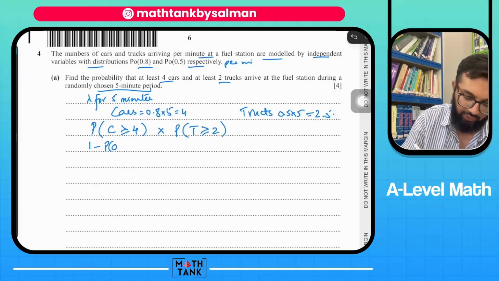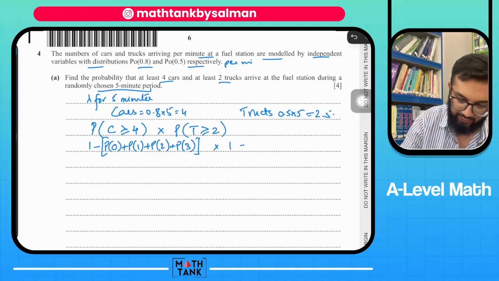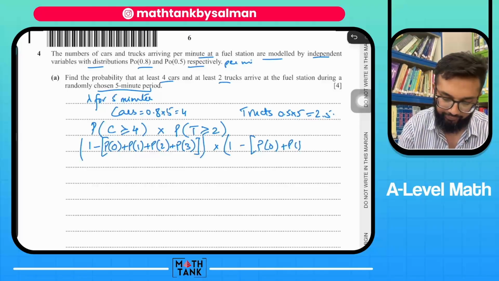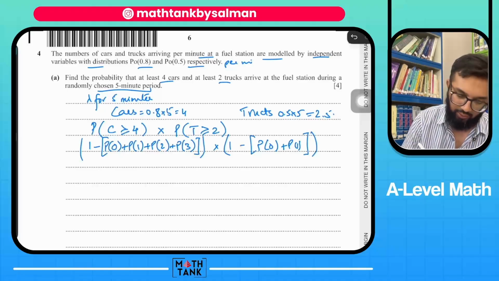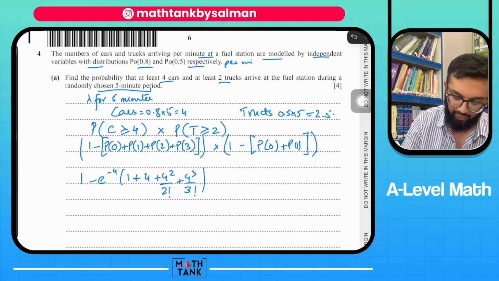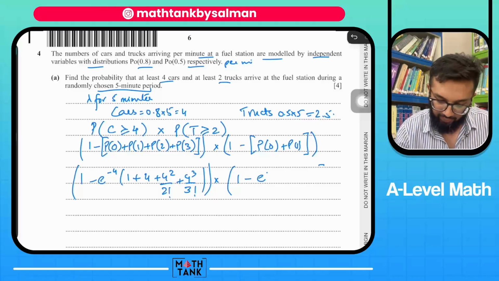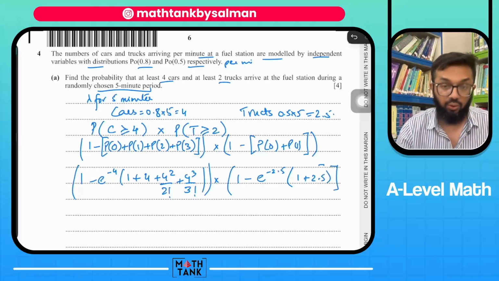So 1 minus the probability of 0, 1, 2, and 3. 1 minus e to the power minus 4 times (1 plus 4 plus 4 squared over 2 factorial plus 4 cubed over 3 factorial), and for trucks, 1 minus e to the power minus 2.5 times (1 plus 2.5). Okay, I wrote the wrong expression.